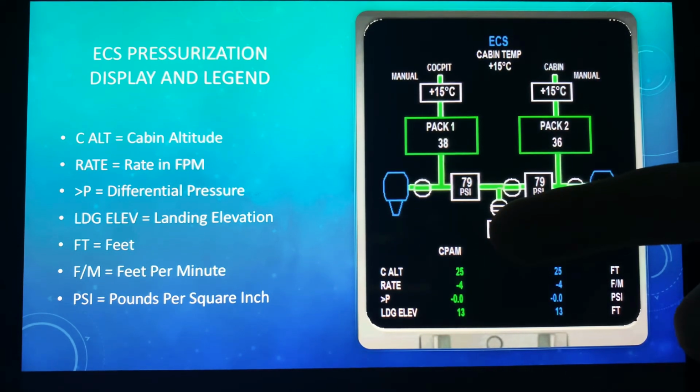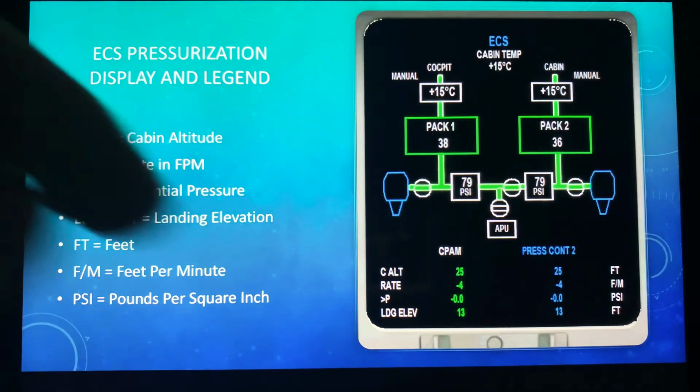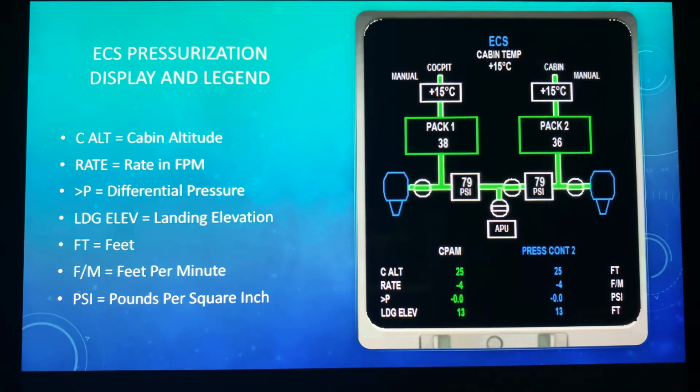Here we have our CPAM, which is that module that we were discussing earlier, and then the pressure controller, and this says number 2. Again, we said that there was a pressure controller 1 and 2. So right now, pressure controller 2 is selected on this aircraft. Down here on the left side, we have the C out, which we can reference under the CPAM, is just cabin altitude.